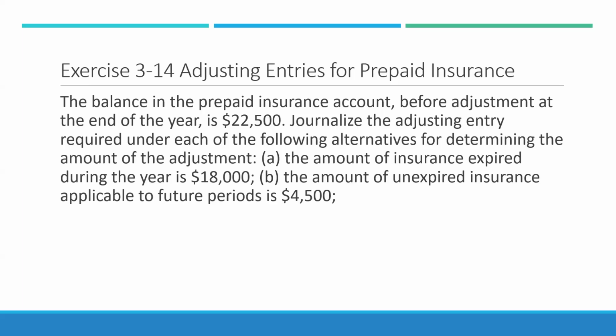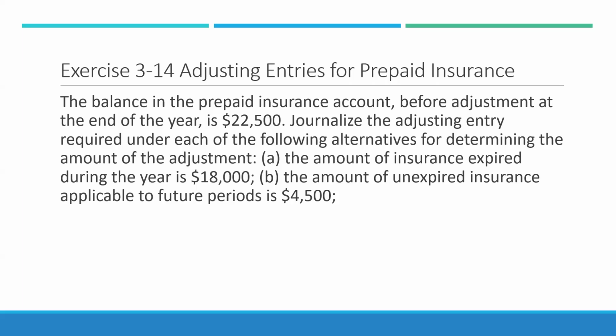So if out of that 22,500 we say insurance of 18,000 expired during the year, what do we debit? Insurance expense of 18,000. And what do we credit? Prepaid insurance of 18,000. Excellent.